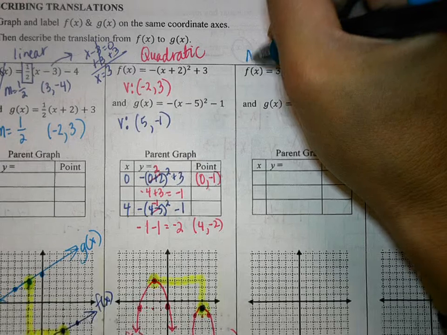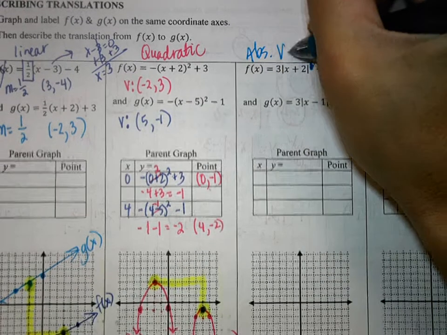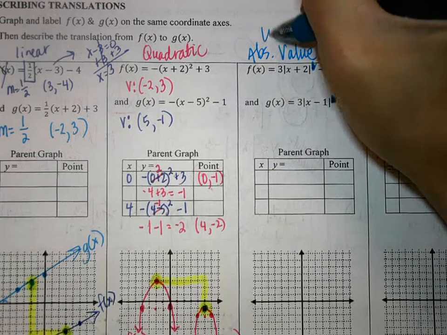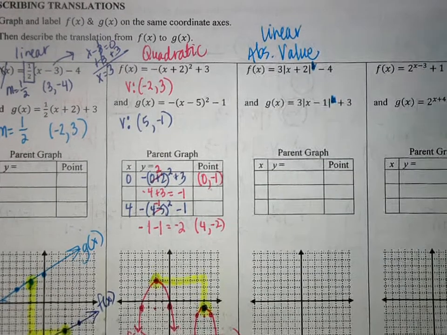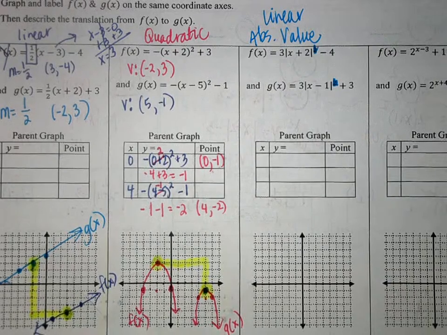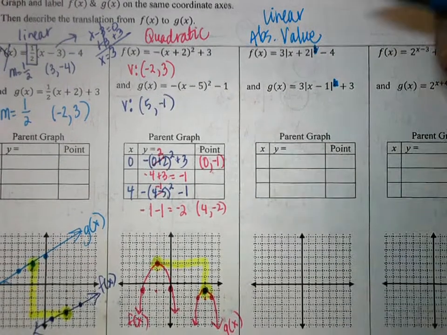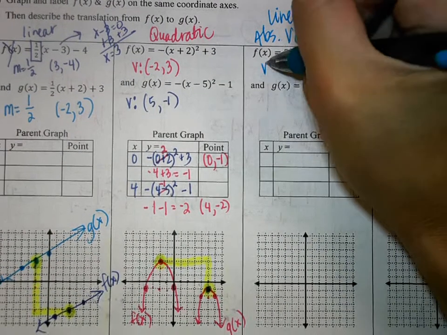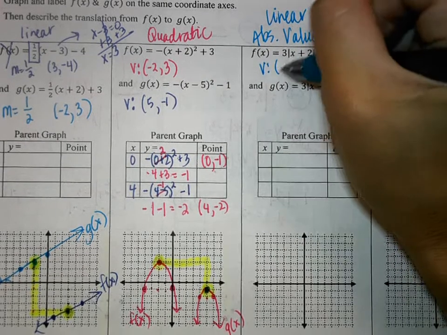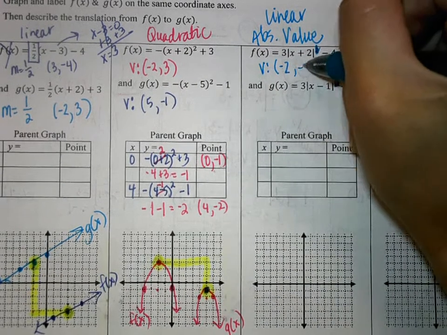And this is an absolute value function, or linear absolute value. Okay, so absolute value has a vertex. What will be my vertex for my f of x function? Perfect. -2, -4 is correct.